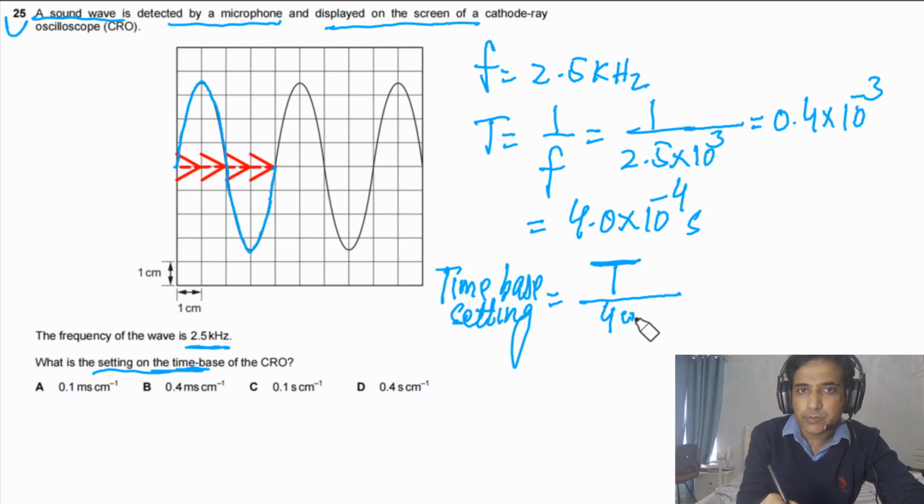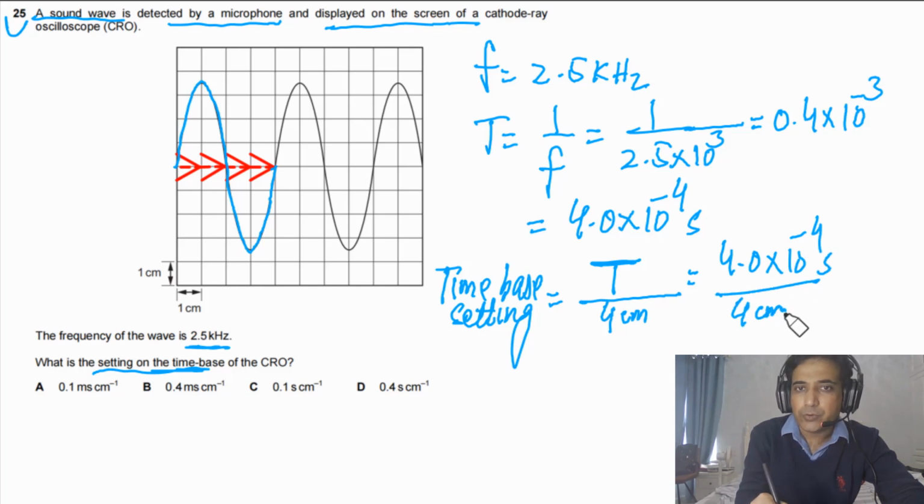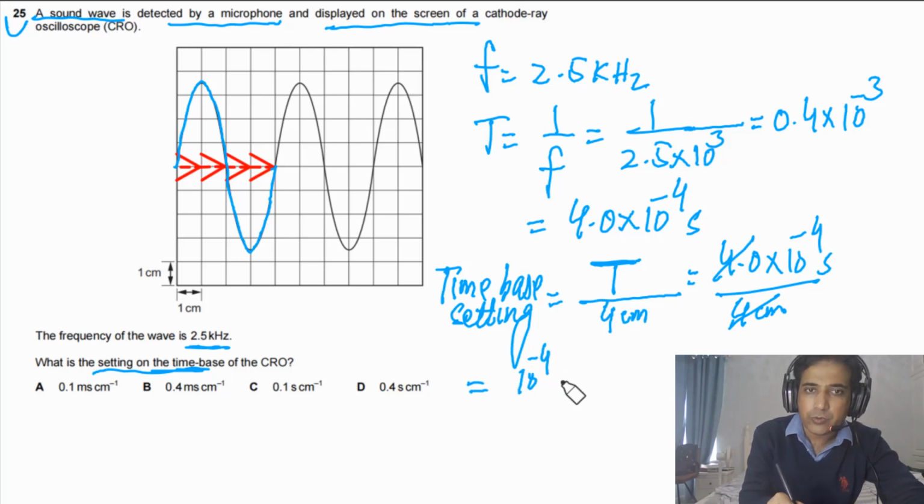So we have 4.0 times 10 to the minus 4 seconds divided by 4 centimeters. This 4 we can cancel with this 4. So simply the time base setting is 10 to the minus 4 seconds per centimeter. It means 1 centimeter is representing 10 to the minus 4 seconds.